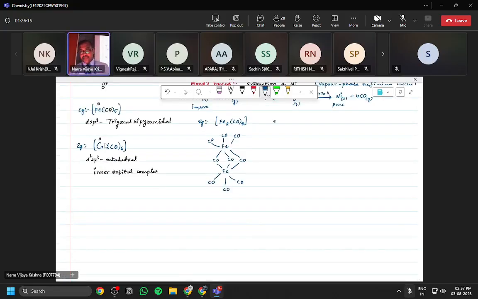Another example. Co2(CO)8. Hydroformylation of olefins.